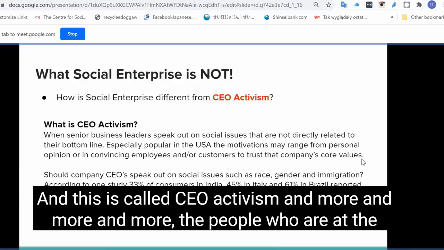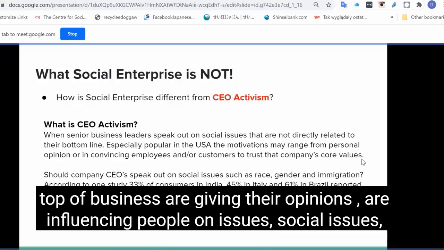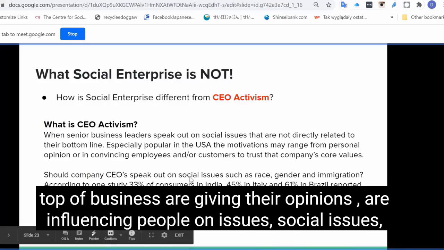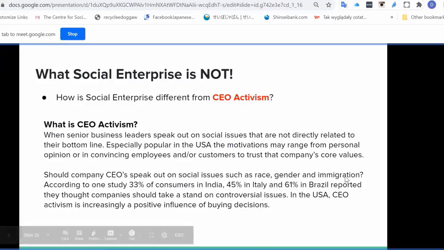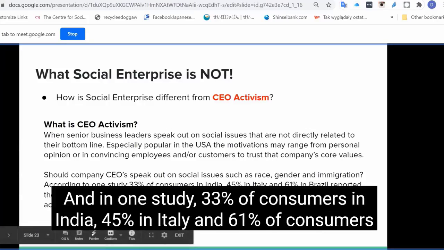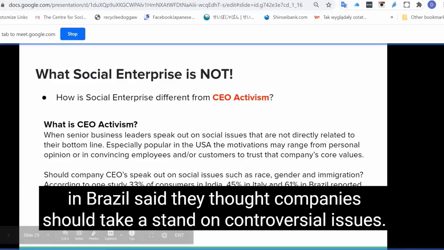the people who are at the top of business are giving their opinions, are influencing people on issues, social issues, such as race, gender and immigration. And in one study, 33% of consumers in India, 45% in Italy, and 61% of consumers in Brazil said they thought companies should take a stand on controversial issues.